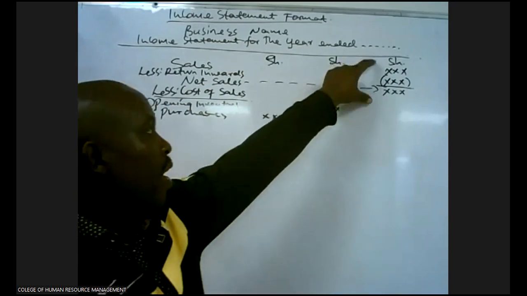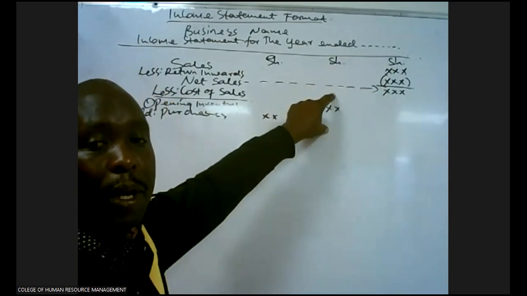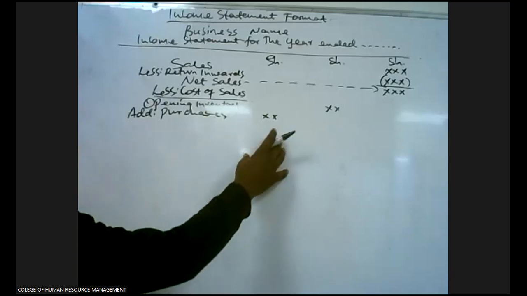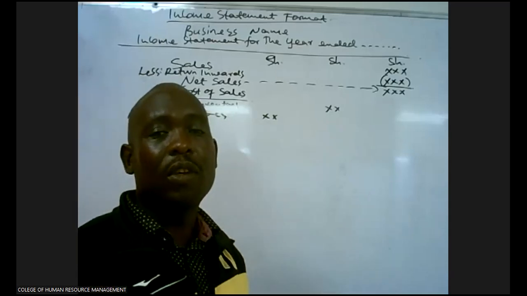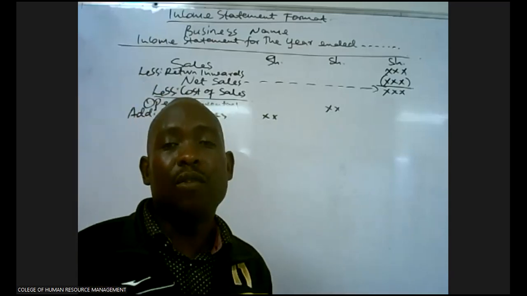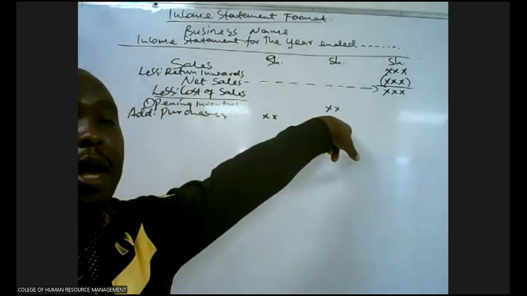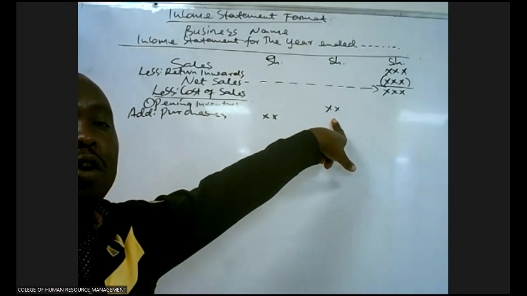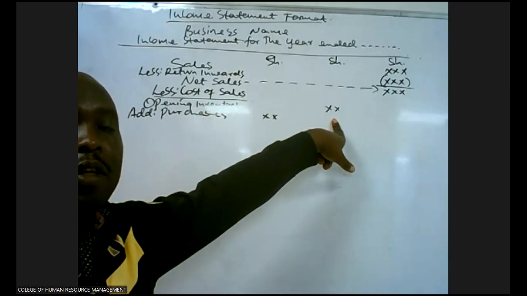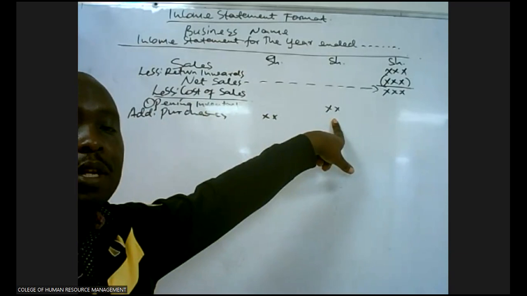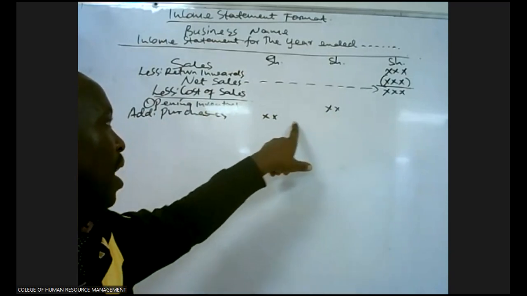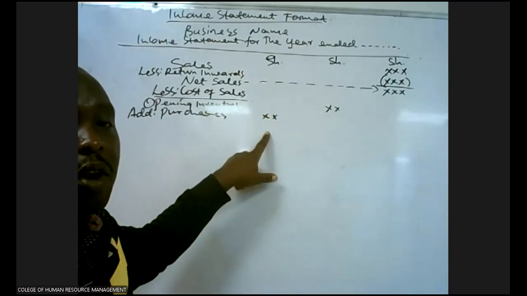So sales goes to the left column, opening stock to the middle column. Purchases, when it requires an adjustment. If it does not require adjustment, if in the question you are not given carriage inwards or returns outwards, purchases should come here. You put it here. But if it has an adjustment, you adjust it in this column first.